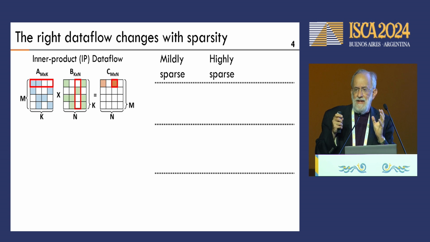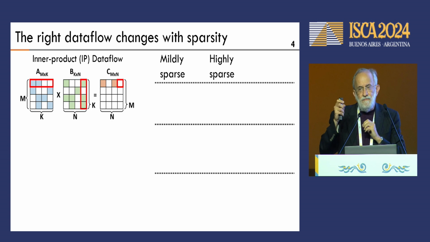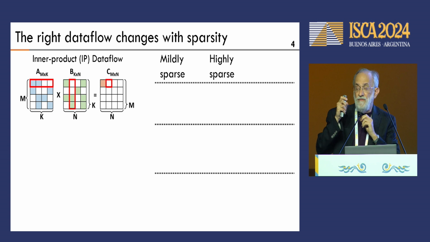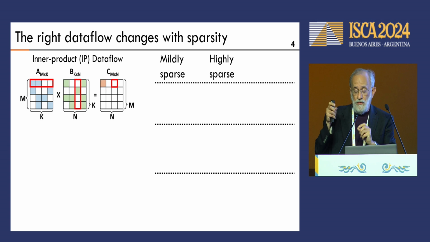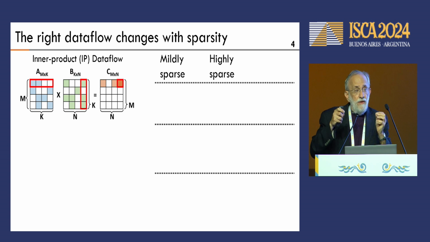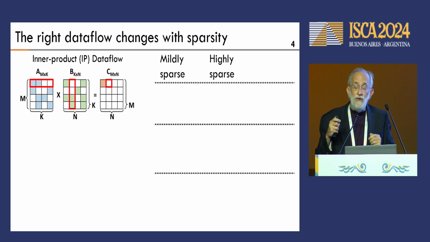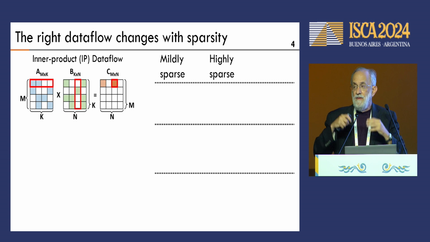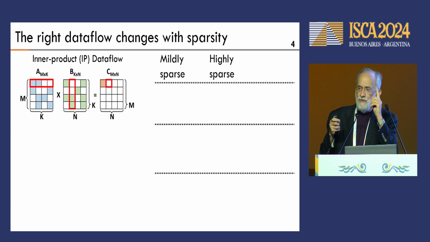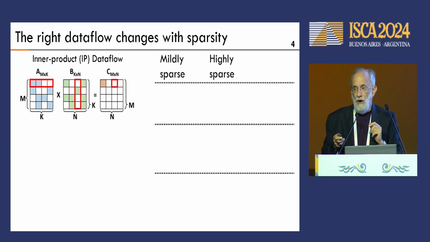In output stationary or inner product, you're going to look at a row, which I'm sometimes going to refer to generically as a fiber, combined with a column, which is another fiber, going from the A tensor to the B tensor, and you're going to do a dot product, which means find the intersecting values in each of those two fibers, and then multiply those values together, sum the results, and that's going to all contribute to one output.